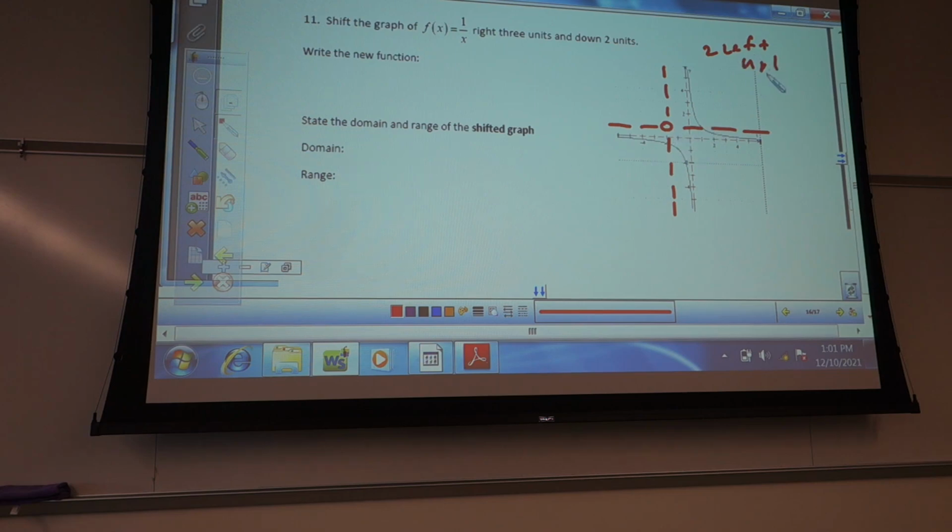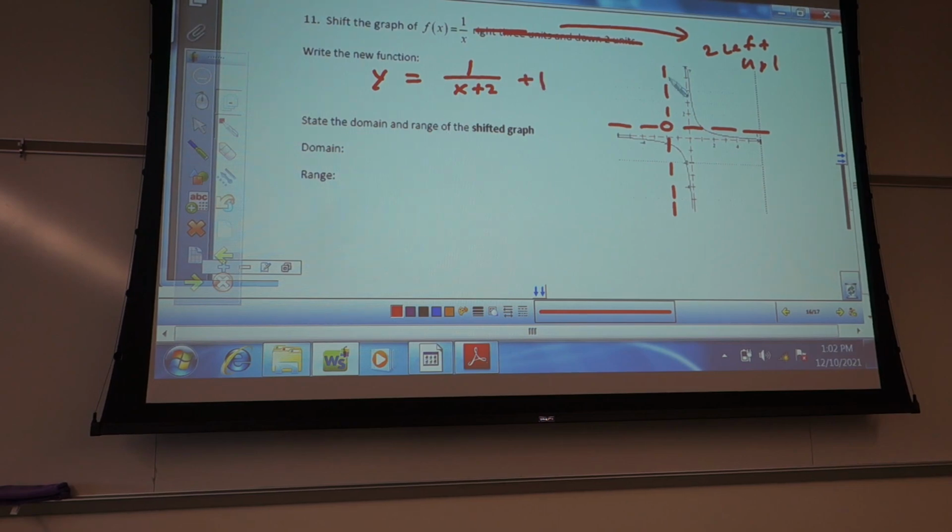Well, 2 left, up 1. Left, right is on the inside or outside? Inside. So on the inside, y equals 1 over inside x. And remember on the inside it's the opposite. So left means plus 2. And then up, down is on the outside. So on the outside of the function, I'm going to do plus 1.